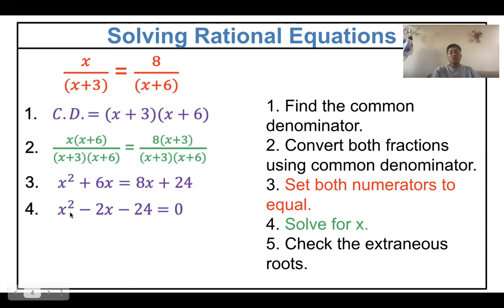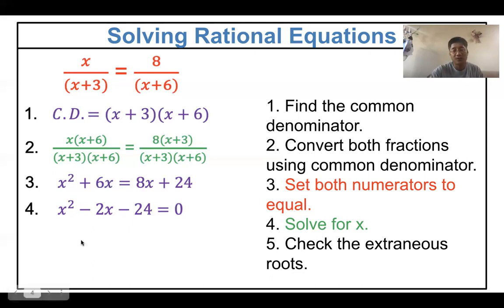Now we have a quadratic equation, and you know how to solve this quadratic equation. You factor it. If you cannot factor, you should use the quadratic formula, but this is factorable, so you factor and set each factor equal to 0 and solve.